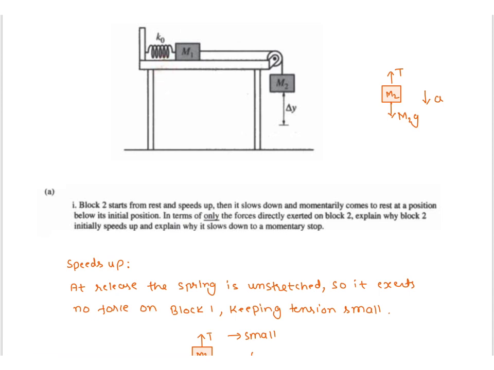So the spring will start exerting more force on this block of mass M1. As a result, tension in this string increases. So when tension increases and it becomes greater than M2G, this accelerated motion becomes a retarded motion. Now this block slows down and finally comes to rest.